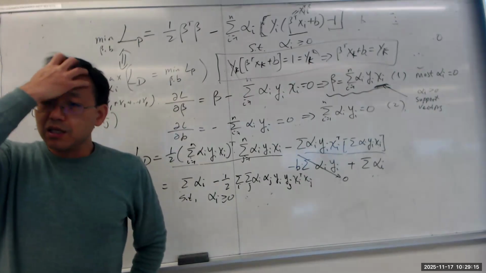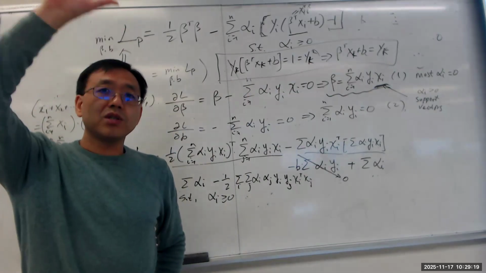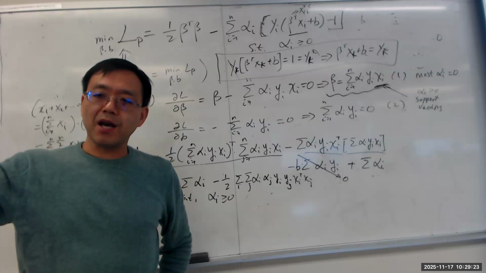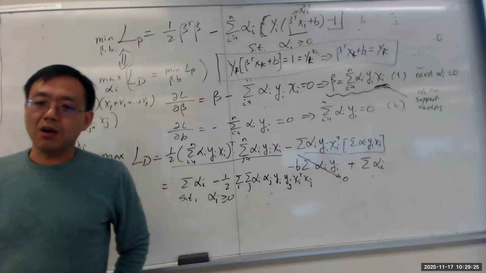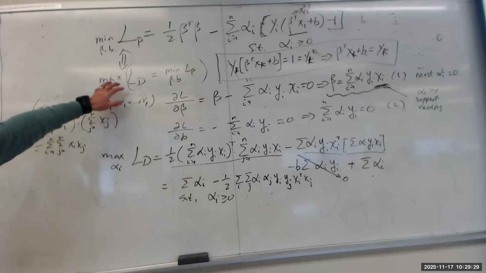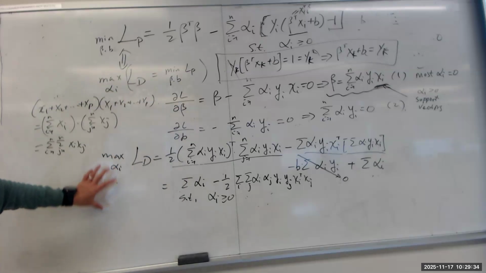So the whole thing is, we have the original problem. We try to maximize the margin subject to a constraint. We convert that problem to a Lagrangian dual problem, right? We maximize this LD, which is transformed to the problem down below. This is a quadratic problem, which is not hard to solve.